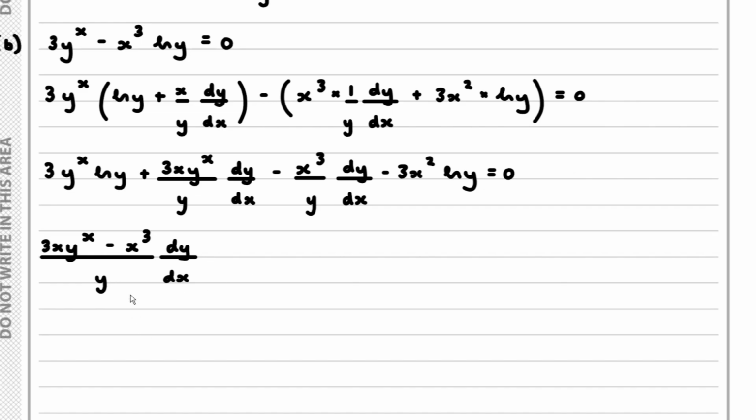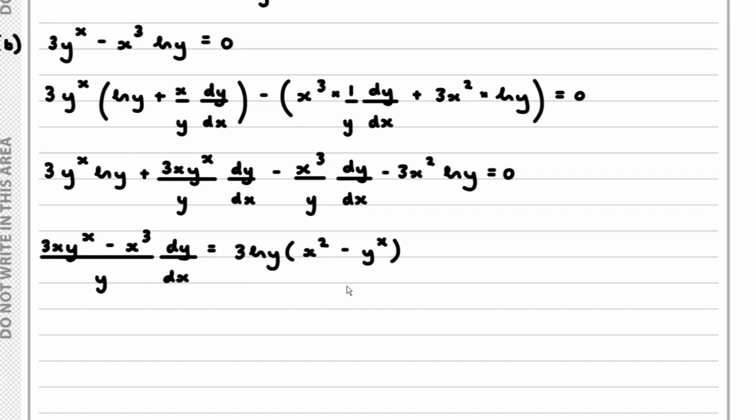And if I take the term here and here to the right hand side, but factorising out a 3 times natural log of y, we would have on the right hand side 3 times natural log y multiplied by x squared subtract y to the x.